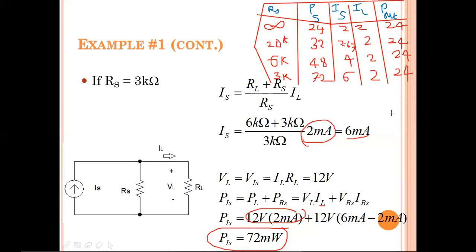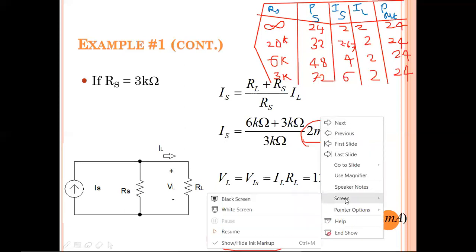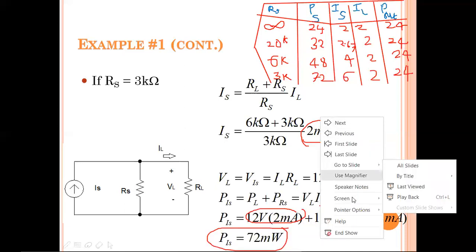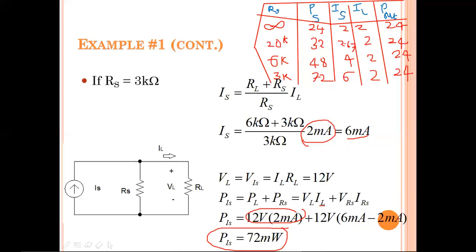After observing this table, you should conclude a few more points. By changing the value of resistance, that is, by decreasing the value of resistance, my power is going to increase. Please observe this point clearly. How do you show it in terms of an equation?